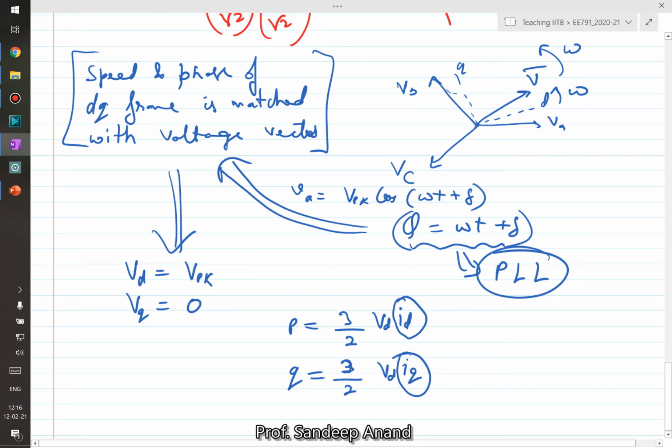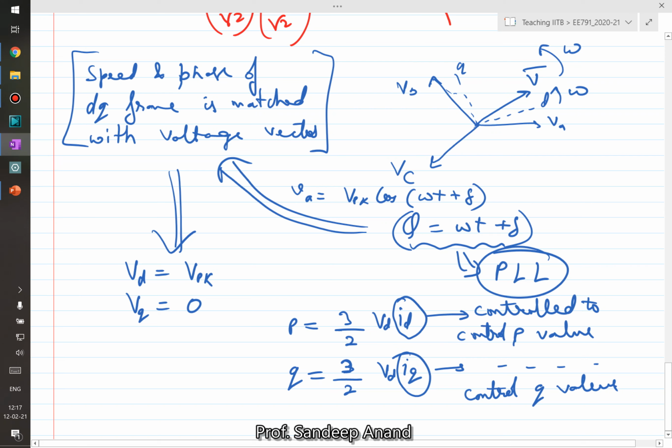So therefore Id can be controlled to set the P value. For example, if you want a certain power, then you can manipulate Id and get that power level, and Iq can be controlled to set the instantaneous reactive power value.